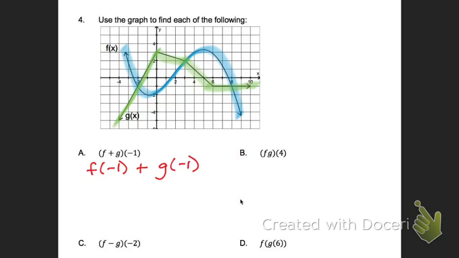So, remember from the last section, F of -1 means that I'm going to go to X of -1, and F is at what? Or what is, sorry, the Y. I think I said X. What is Y? -2. And where is my G?